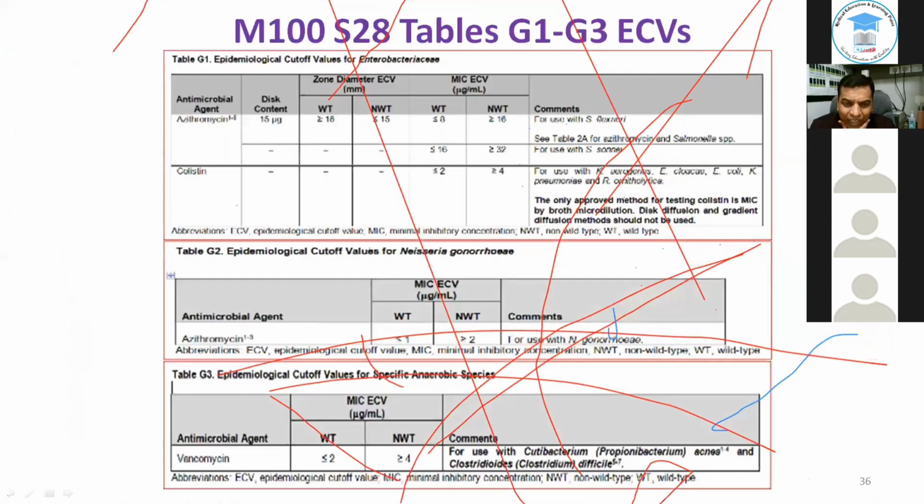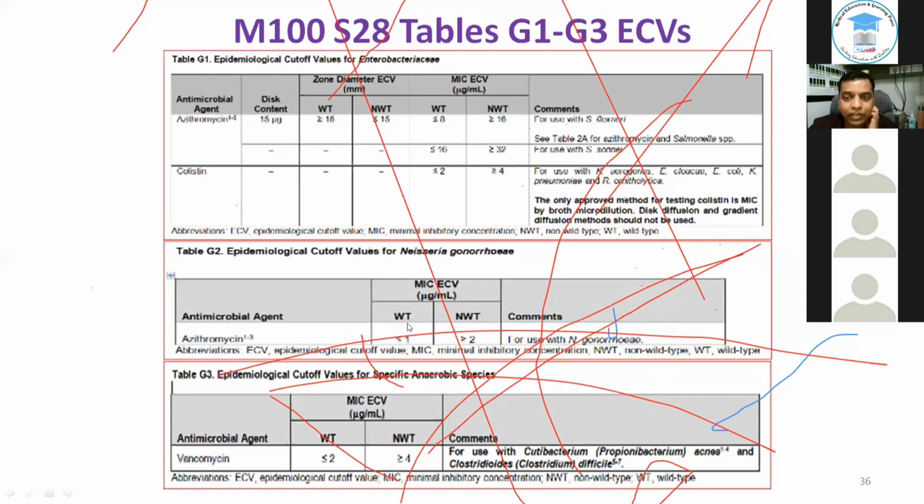As I said, to explain more in detail about the ECOF, let us take the example I said before, Neisseria gonorrhea against azithromycin. If we get the MIC of Neisseria gonorrhea, say 4, then the ECOF for non-wild type is more than 2. That means it has a resistance mechanism. If for Neisseria gonorrhea the MIC is less than 1, say 0.5, and the ECOF is less than 1 for wild type, that means it has no resistance mechanism.